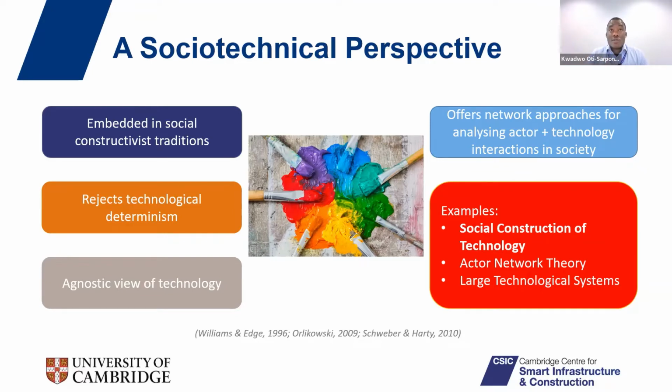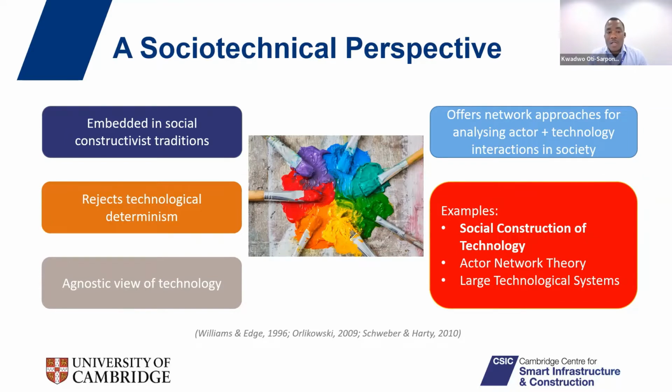This is embedded in constructivist traditions, which essentially say that there is nothing that can be taken out of a picture in order to have a complete image of what is happening at any given point in time. So it is not helpful to segregate the world into a fixed mode that frames an understanding of what happens in any given project.